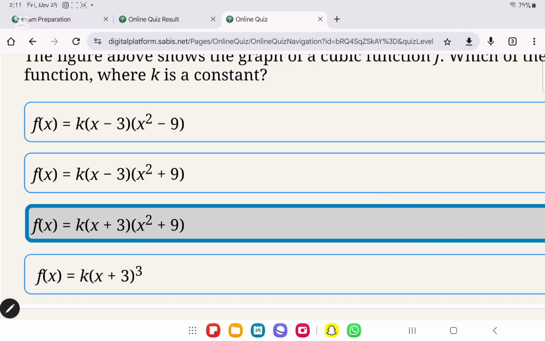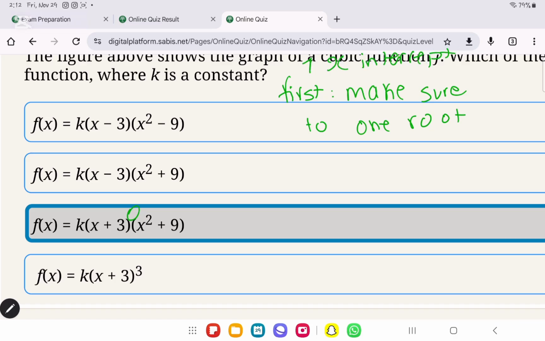So now we have two conditions to apply. Whenever we solve a question like this that has one x-intercept, first thing, you have to make sure that it is only one root, so it's to the power of 1.